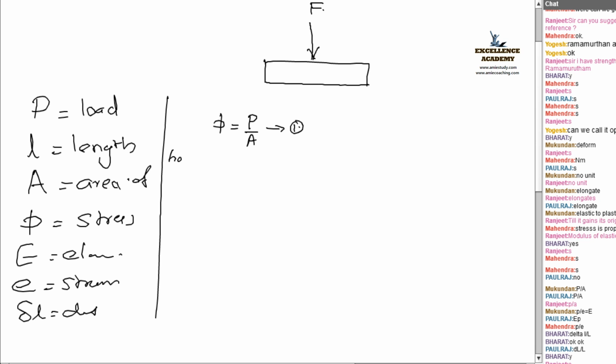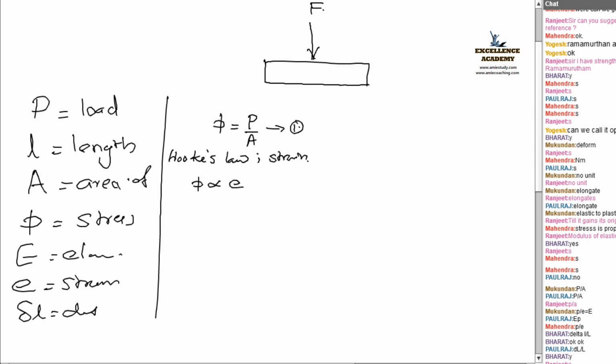Then, according to Hooke's law, I am going to define the strain. I know that the stress is proportional to strain.